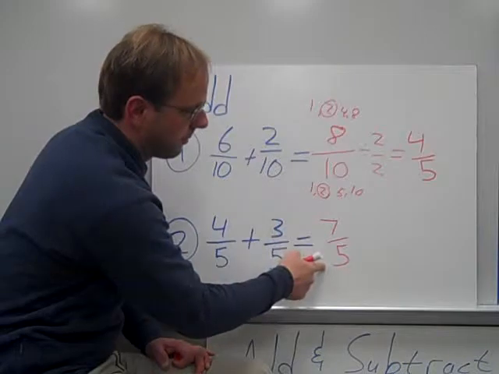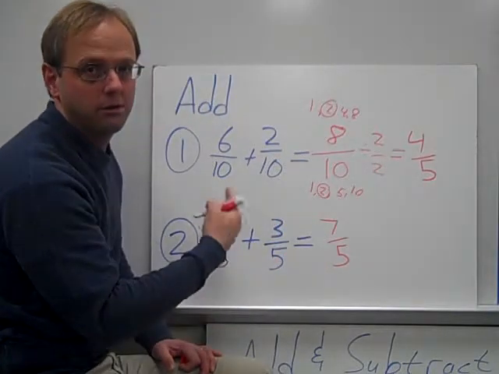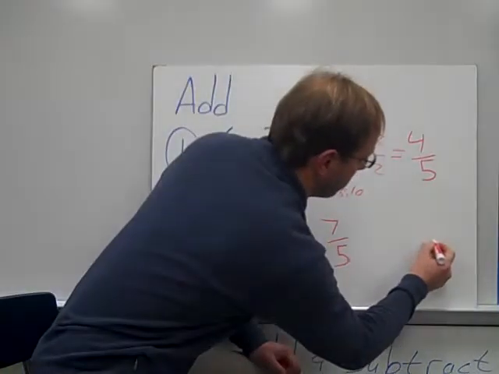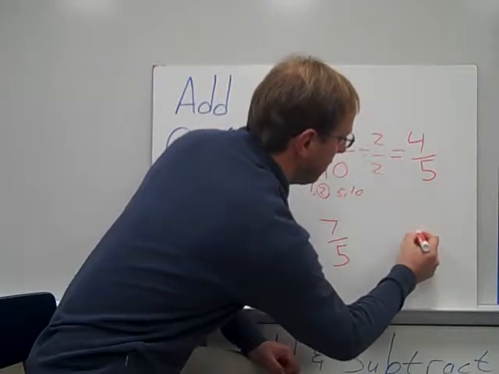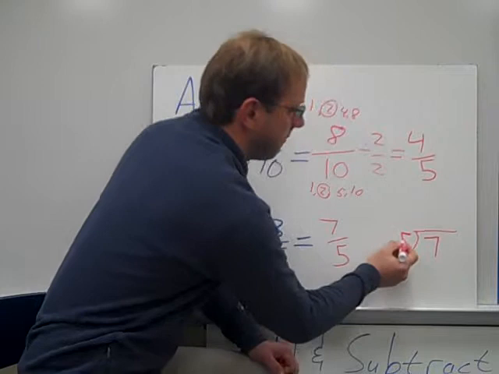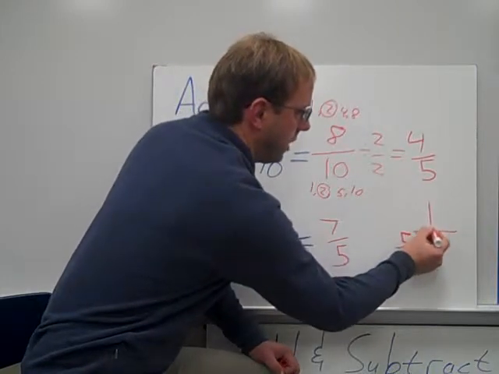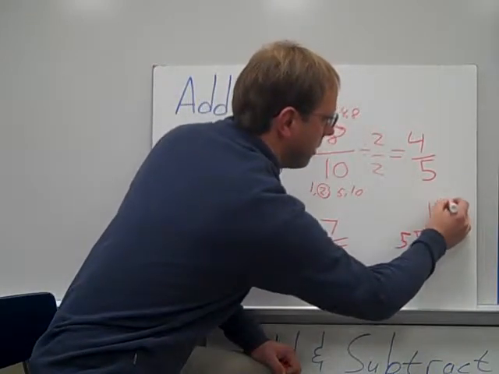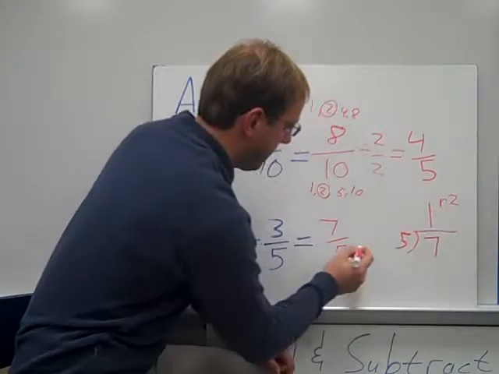Now that's an improper fraction, or a fraction with a value of greater than 1. So if we recall, this is a division problem. 5 goes into 7 one time, and I have a remainder of 2.